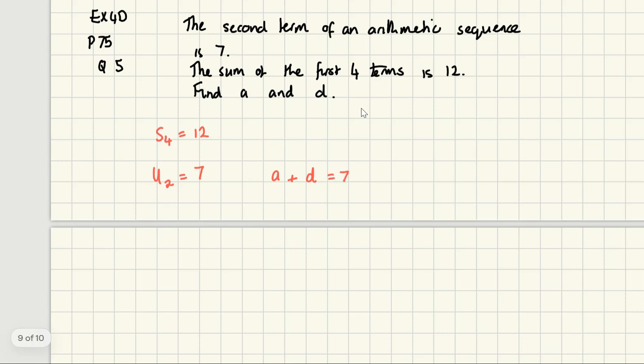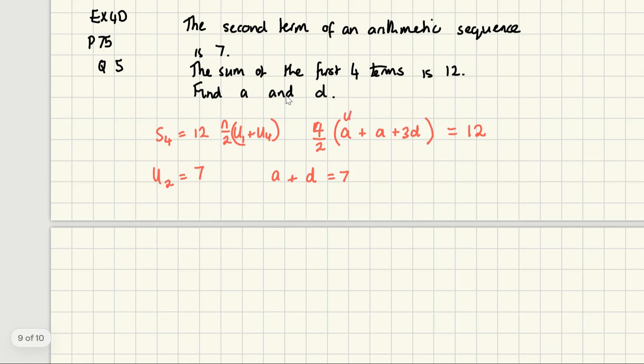So that is 7. The sum of 4 terms: the sum formula is the first term plus the last term, so we're looking at U1 plus U4, times n over 2. If we put that in, we've got 4 over 2, 4 terms, times U1, which is A, plus the 4th term, which is A plus 3D, and that equals 12.